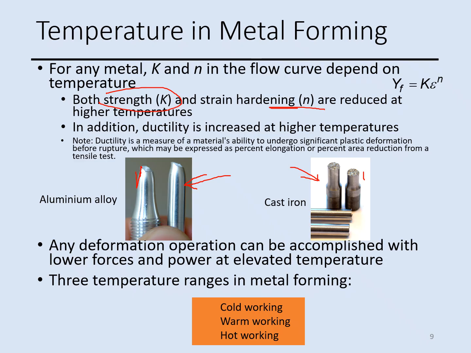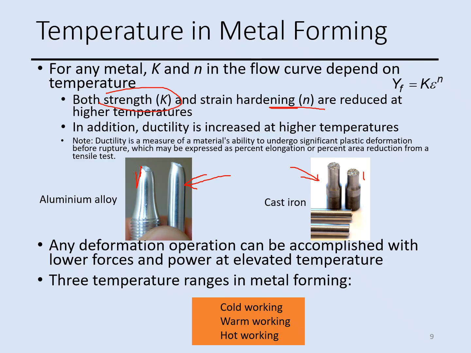But in general, ductility is a measure of a material's ability to undergo plastic deformation before rupture. And normally, deformation operations can be performed with lower force and lower power at higher temperature.